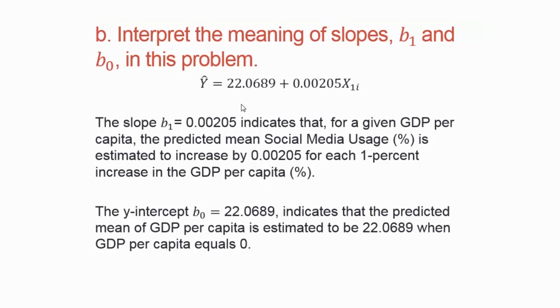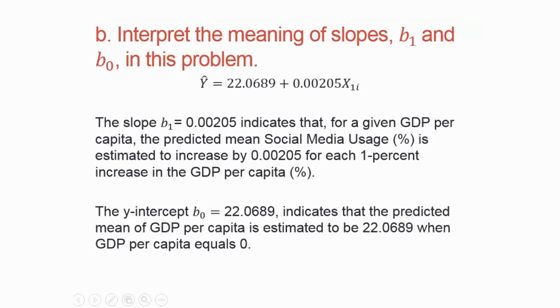So for every 1% increase in GDP per capita, we expect the proportion of the population that's going to be using social media to go up by 0.00205. All right? So it seems like a pretty small number. You could make this 10%, and you could say for each 10% increase, it'd be 0.02, but it's a fairly small number there. So, that tells me the relationship between X and Y.